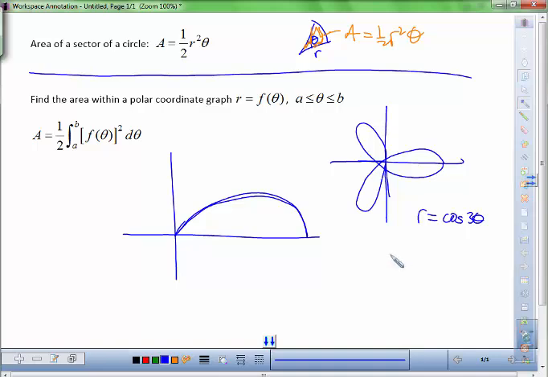How many times is it going to hit the x-axis? How would you graph cosine of 3 theta? It'll start up top. It'll hit 6 times. Does that look okay?